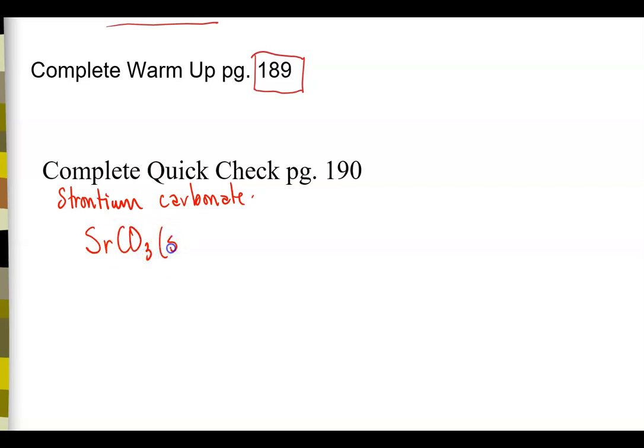It's a saturated solution, so we've got solid with our dissociation equilibrium going to the right, producing strontium ions, aqueous, plus carbonate ions. And notice the charges are present. And we've got the dissociation.